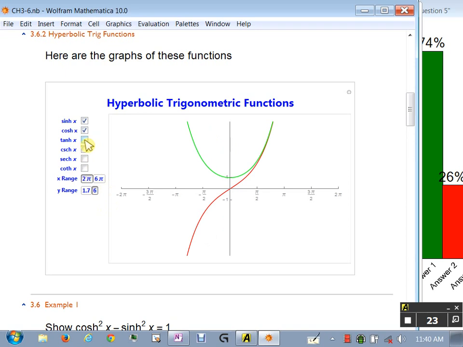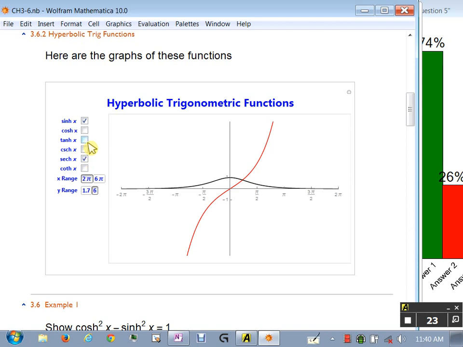Here's tangent hyperbolic. Cosecant hyperbolic. Let me take some of these out of here. Remember, cosecant hyperbolic is the reciprocal of sine hyperbolic. So wherever sine hyperbolic was 0, we should have an asymptote on the cosecant hyperbolic.